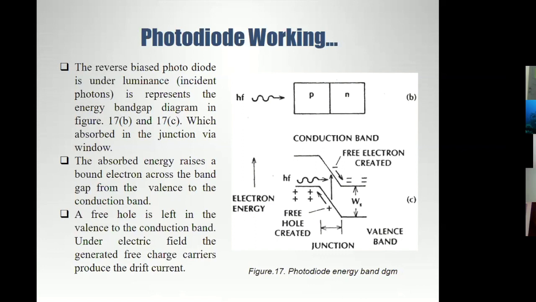The free electrons will go to the conduction band, and the free holes will go to the valence band, and then they will start to recombine.